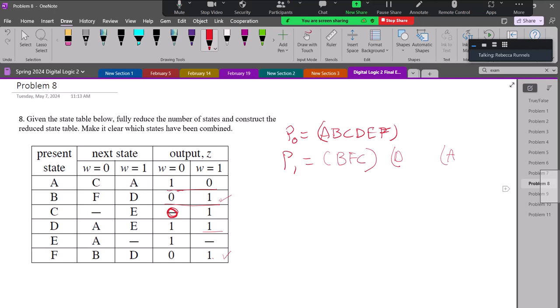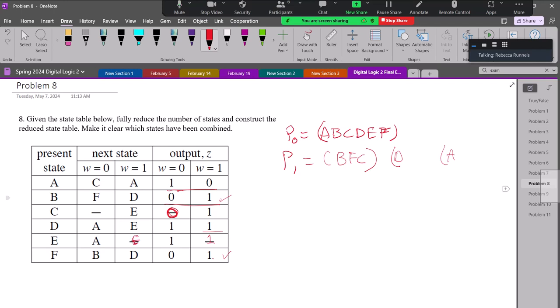And I'll make this one, I just look over here and I see right away that D has a 0 successor of A. This one's incompletely specified. If I do this, I don't have to worry about E anymore.